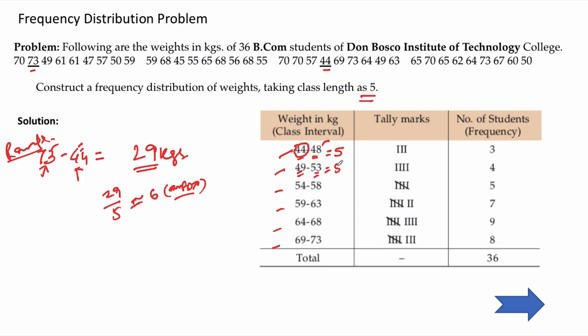If we consider this data completely in aggregate, you will see that between 44 to 48, 3 frequencies are there.